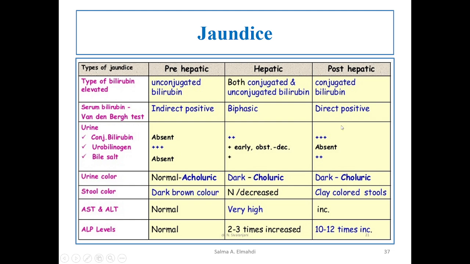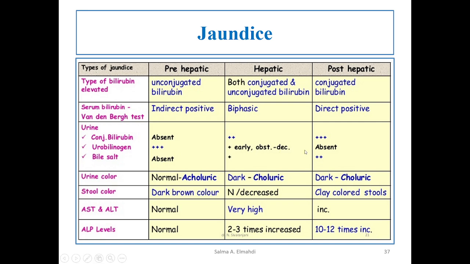In contrast, in the post-hepatic, conjugated bilirubin will be high, bile salts or bile bilirubin will be detected, while urobilinogen will be absent or a very trace amount, because most of it will be lost in feces.